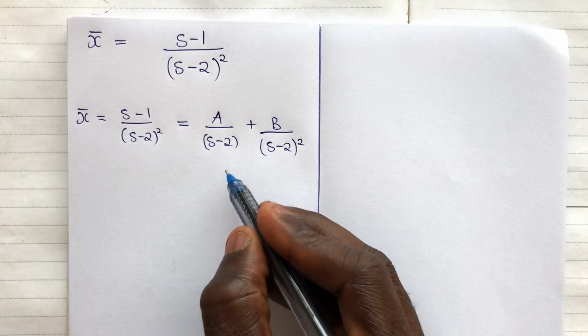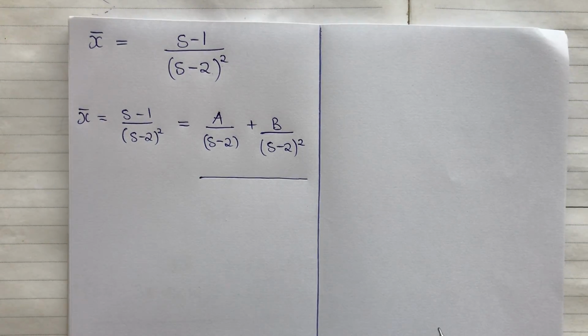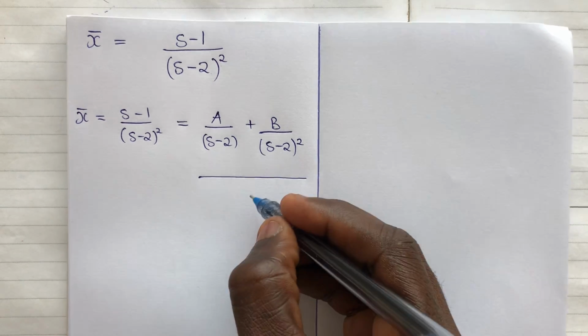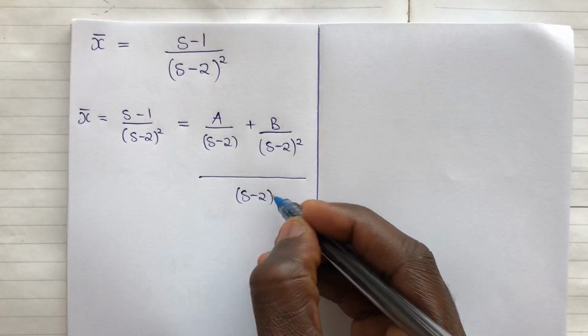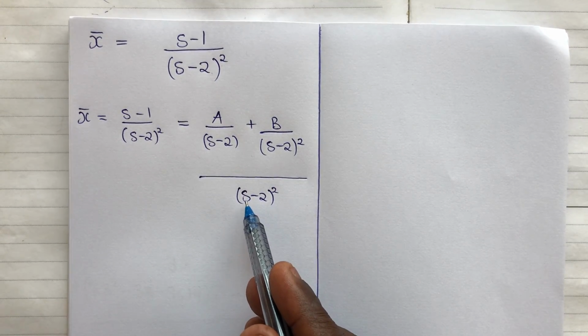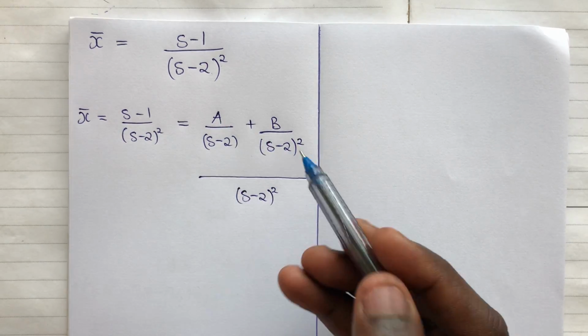Now we take LCM on the left hand side. I don't need to be doing this, but for the sake of explanation, the denominator will give us s minus 2 all squared. Now this s minus 2 can cancel one of this because we have twice of this one here. We are left with only s minus 2, which will multiply a.